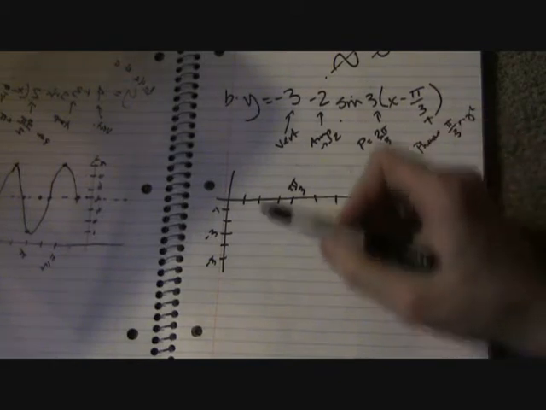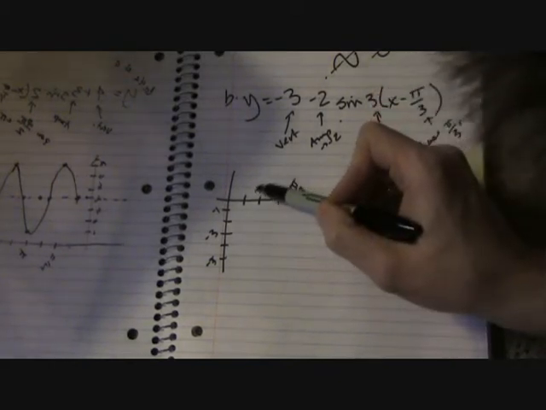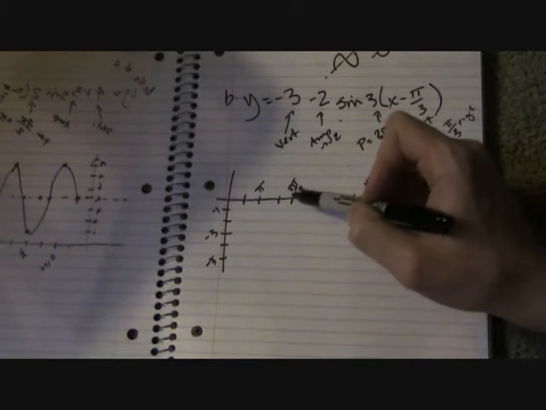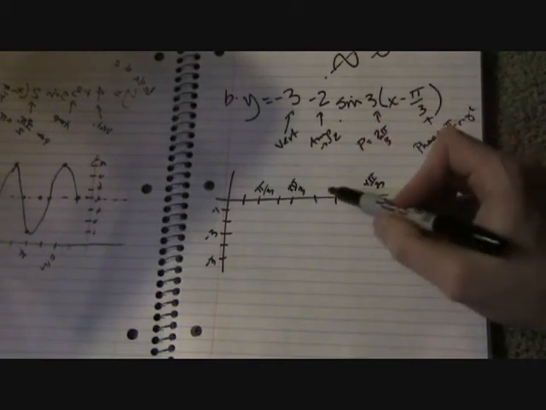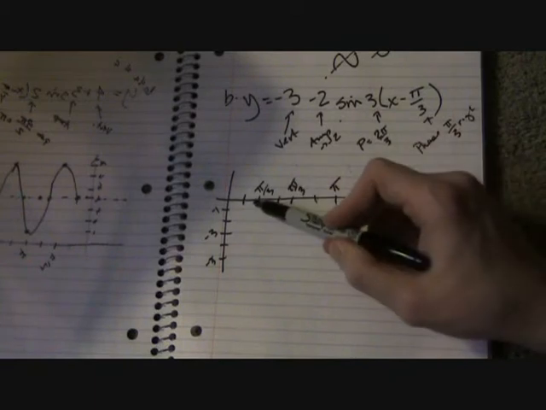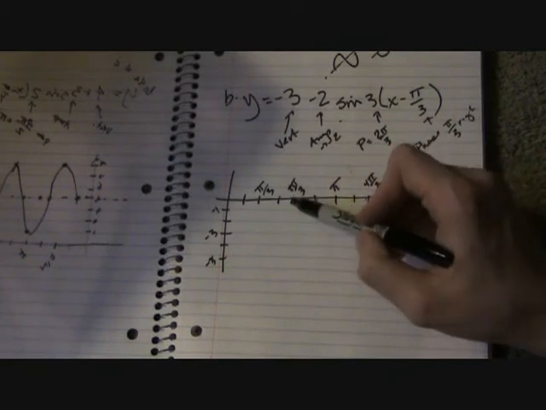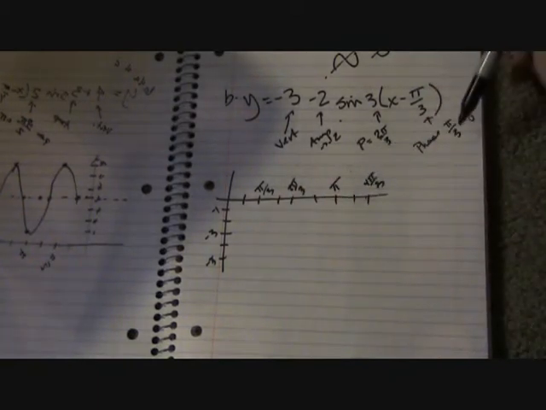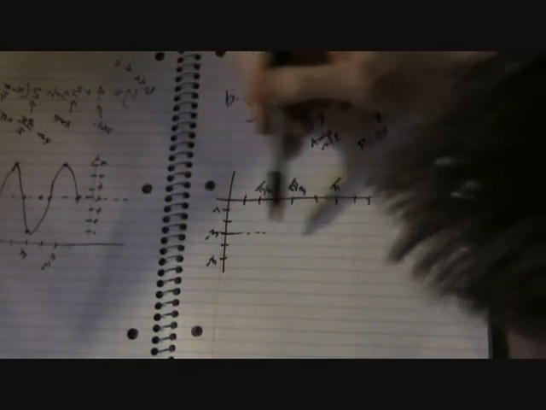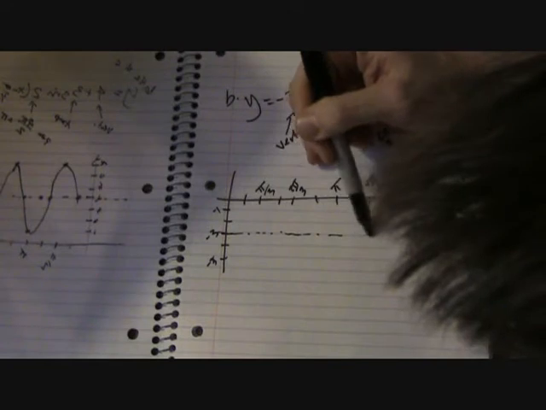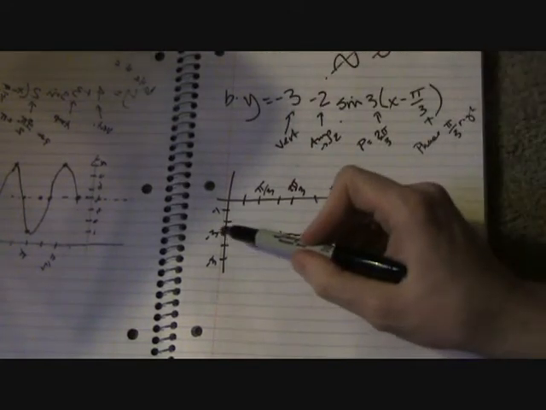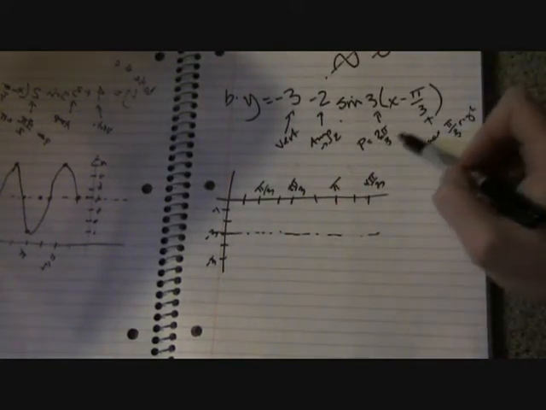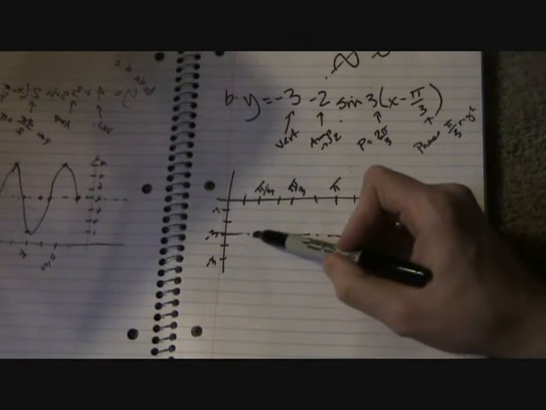So the midway points here are going to be, what's half of 2 pi over 3? That's going to be pi over 3. I was getting ahead of myself. So every 2, you go pi over 3. So pi over 3, 2 pi over 3, 3 pi over 3. Normally, we would start here. Here's our axis. Normally, we'd start in the center. Remember, everything's shifting to the right by pi over 3, so I'm going to go here.